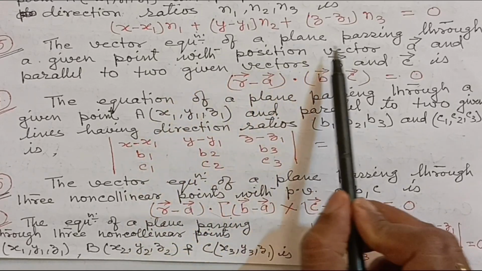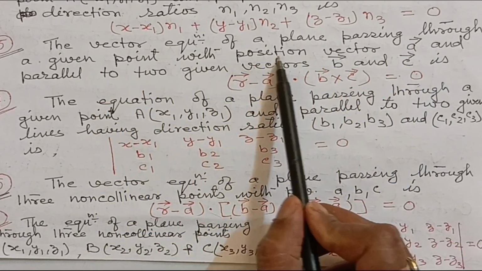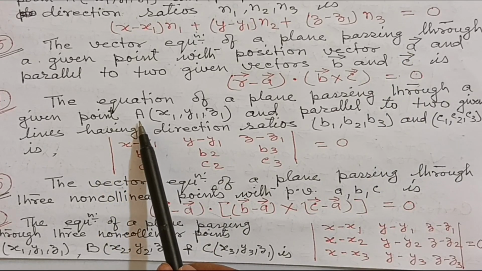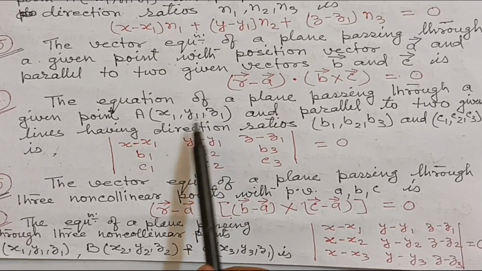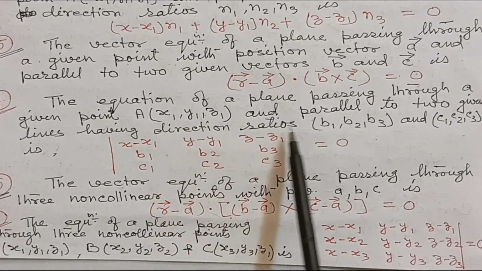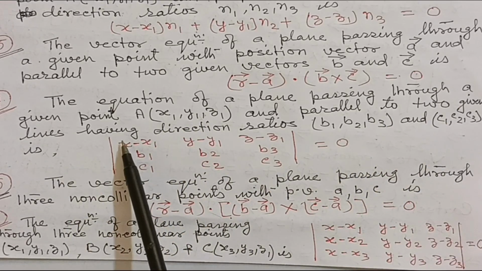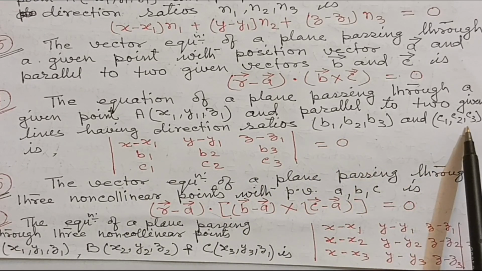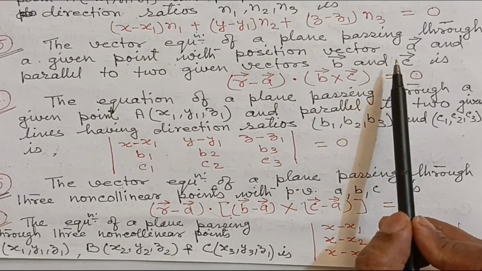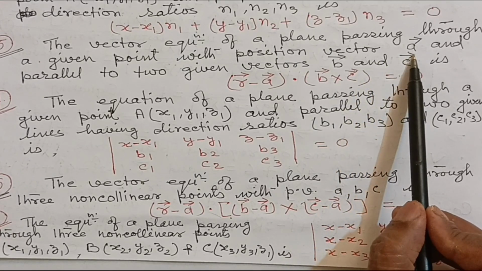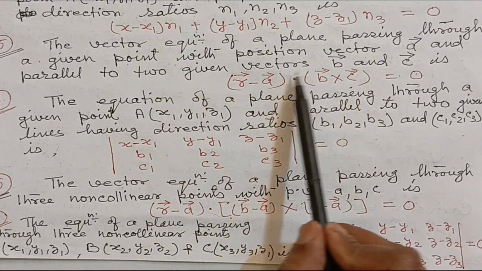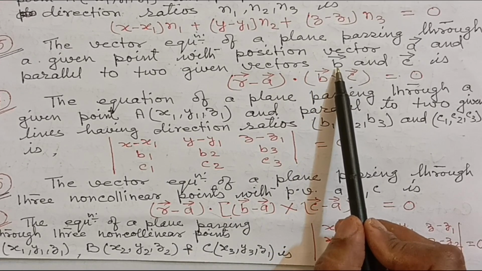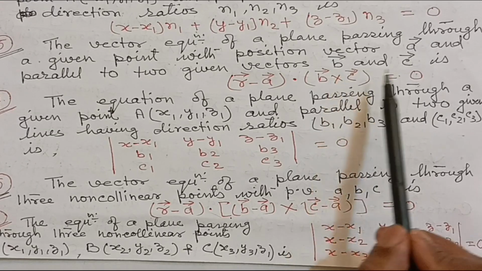Here, the vector form passes through a given point with position vector A, and in Cartesian form through a given point having coordinates x1, y1, z1, and parallel to two given lines having direction ratios b1, b2, b3 and c1, c2, c3. In vector form, it is parallel to given vectors B and C.